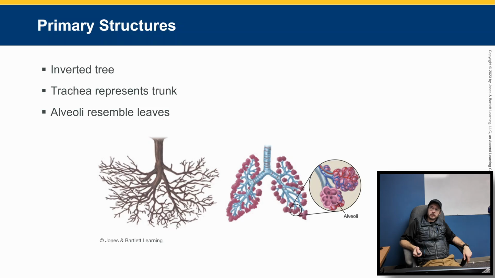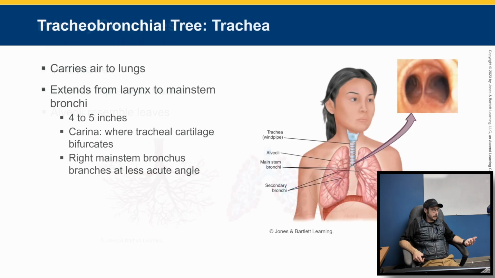And then we get all the way out to here. All of these little branches are still bronchioles, okay? And then at the end of those bronchioles, they terminate in the alveoli, right?